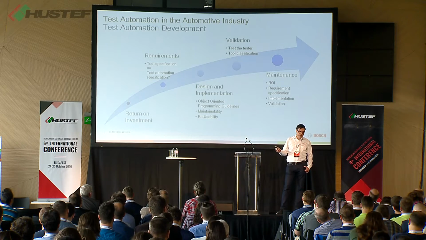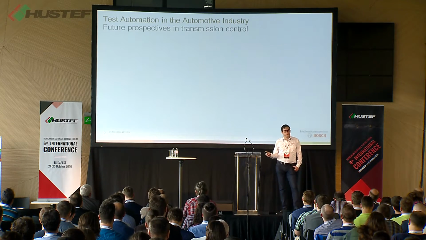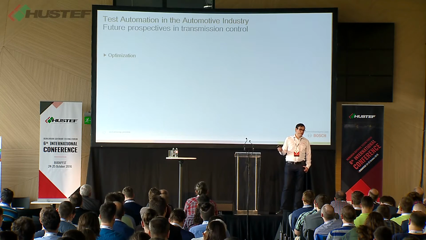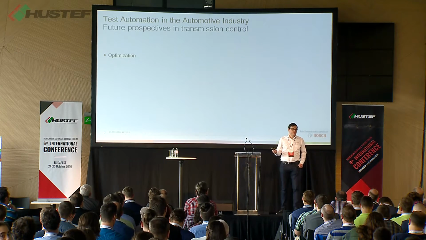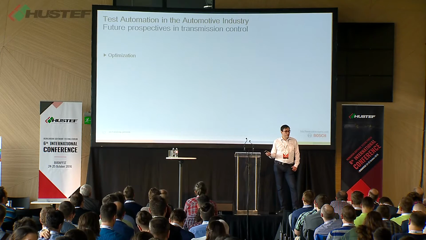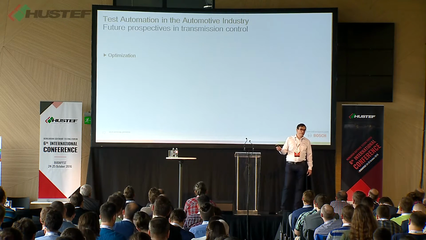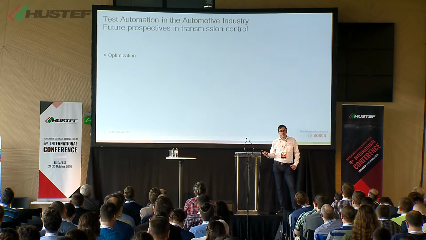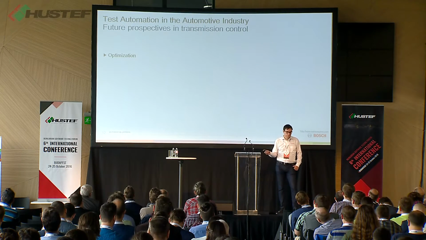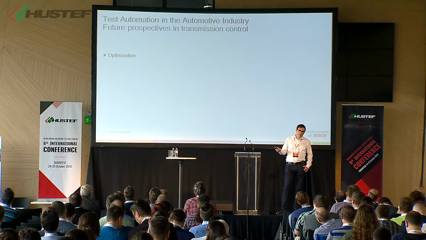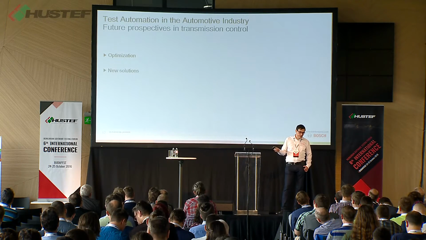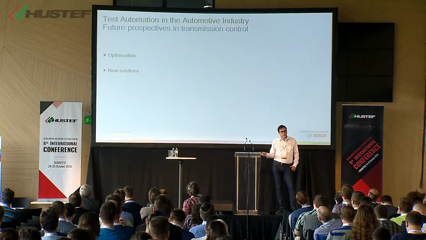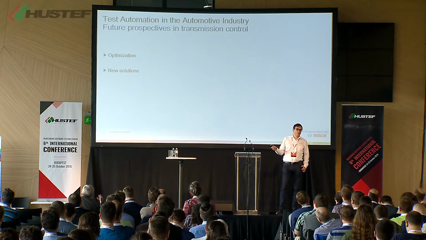Okay, how to proceed? What will the future bring? Whether it will be just optimization. Currently, the speed of shifting normally is around 100 milliseconds. The fastest solution is around 8 milliseconds. Who would optimize that? But there could be new solutions. Currently, there are 6 to 10 speed solutions available on the market.